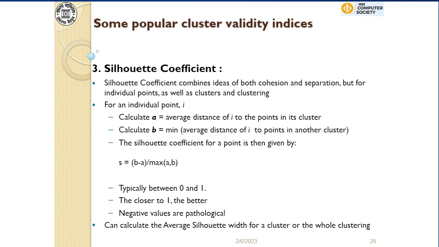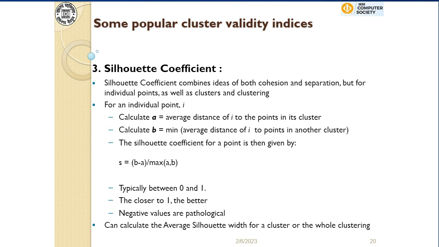And another one is the similarity coefficient, where again you calculate two values, A and B. A is the average distance of a particular data point I in a particular cluster to the points in the same cluster. That means the distance between I and all other points in the same cluster is A, and B is the minimum of the average distance of that ith point to the points in another cluster.